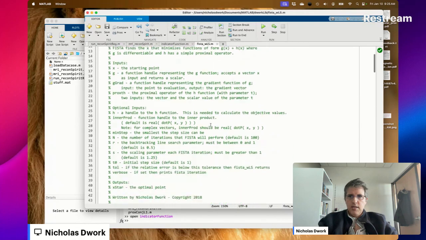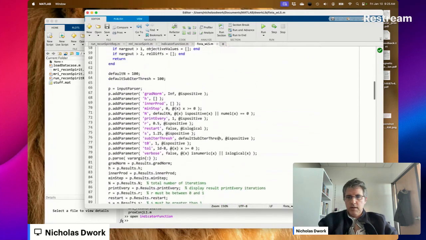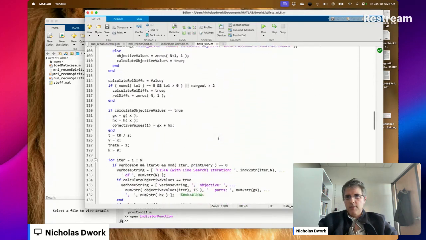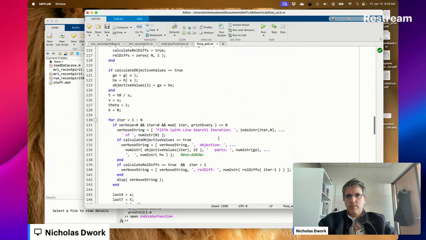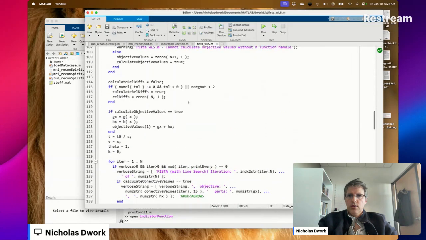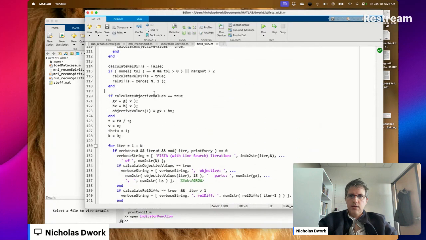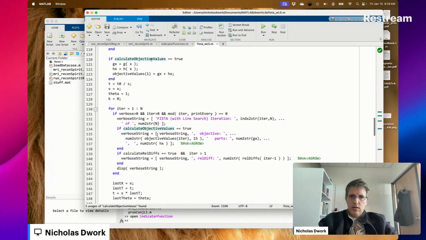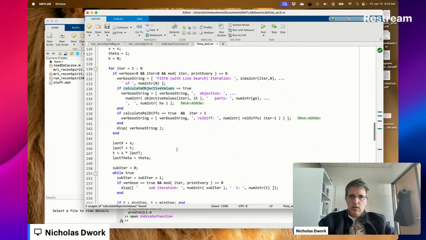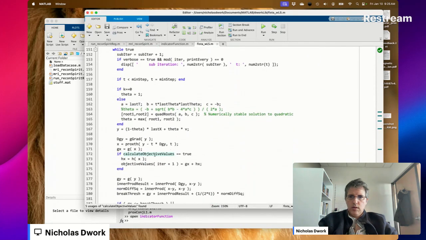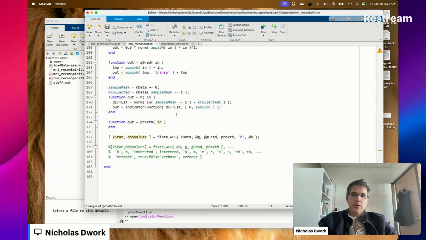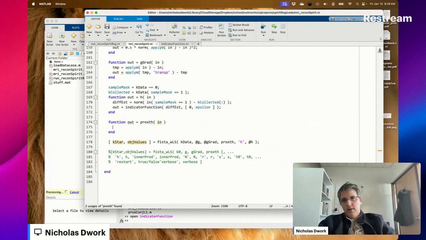Vista with line search. This is again from the DeWork library. Where does it calculate the objective values? Okay, good. It calculates them after the proximal operator. The proximal operator is going to ensure this bound is satisfied. So that's good. Okay.